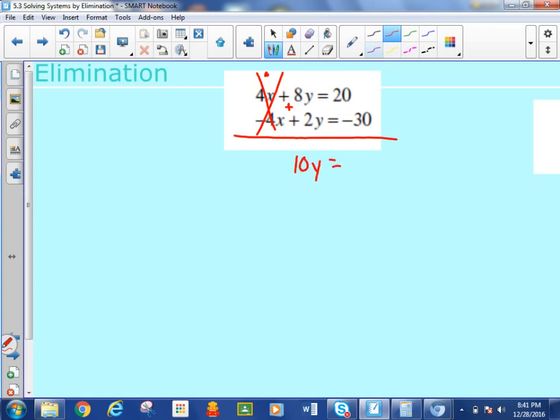equals 20 plus a -30 is going to give me -10. And once again, check yourself on the calculator if you need to. Divide by 10 to get y by itself. I just found out in my xy combination that my y is -10 divided by 10, which is a -1.